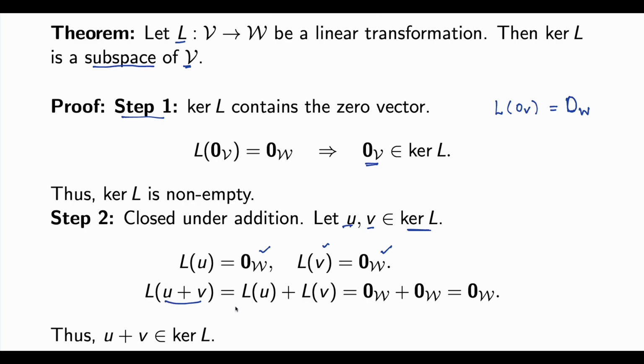Since L is linear, this is the linearity property: L(u plus v) is nothing but L(u) plus L(v). And what is the value of L(u) and L(v)? Zero vector, zero vector. That finally goes to the zero vector. So u plus v belongs to the kernel, right? We found an element that goes to zero as per the definition of the kernel. It means that the kernel is closed under addition, right?